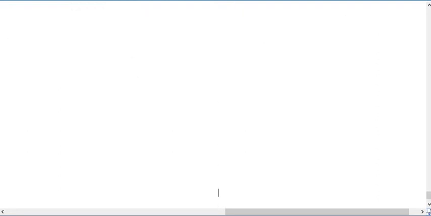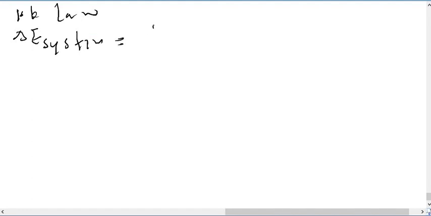So now we apply the first law of thermodynamics. The first law of thermodynamics, the change in energy of the system is equal to the heat minus the work. So this is equal to 0 and this is 0, which is equal to 0.